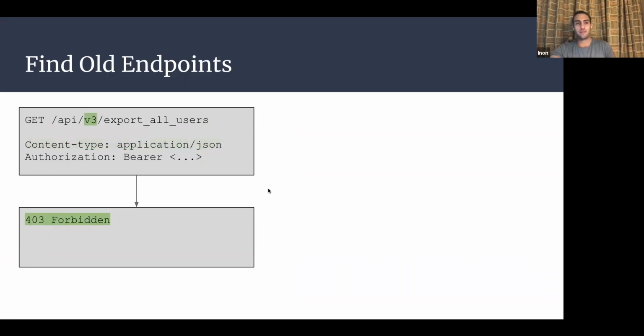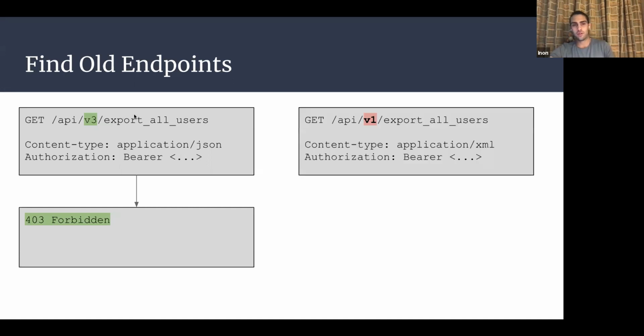You can also do something very simple and leverage this nature to find old endpoints. Instead of sending v3 to the endpoint of export all users, you can just change the v3 to v1. And something very interesting that I personally learned is that many times, if you have access control mechanisms, for example, this endpoint is an admin endpoint, it allows you to export all users.